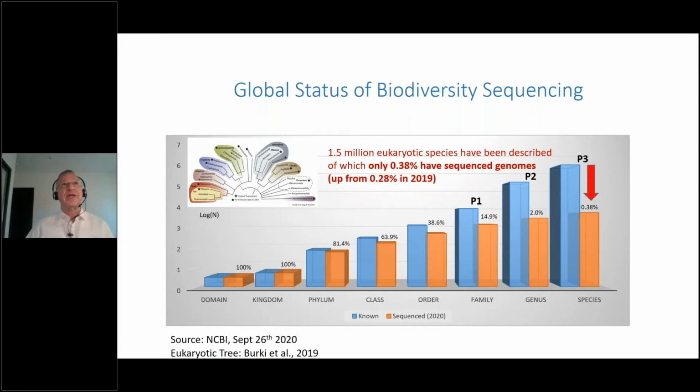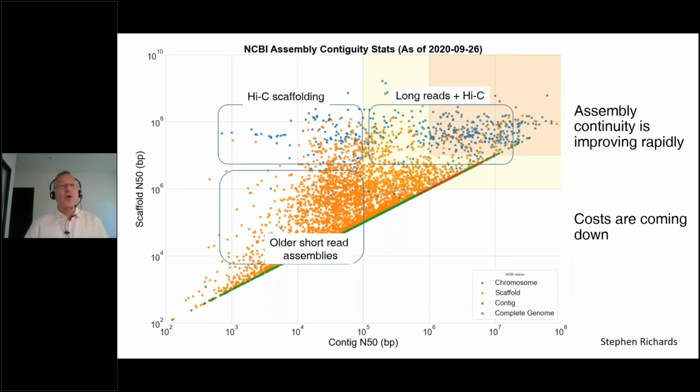Phase 2 is for each representative species from each genus. And in the out years, years 7 through 10 of the project, to sequence all species. At a level of less than 0.4%, our current understanding of the evolution of life on Earth is extremely limited. Now, what about the quality of those 5,700 assemblies?